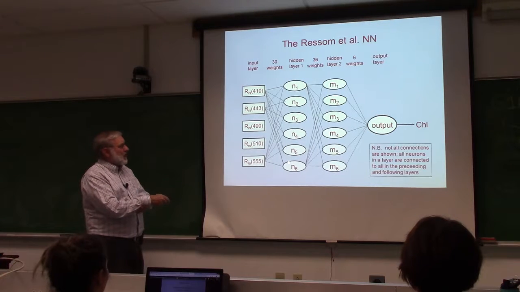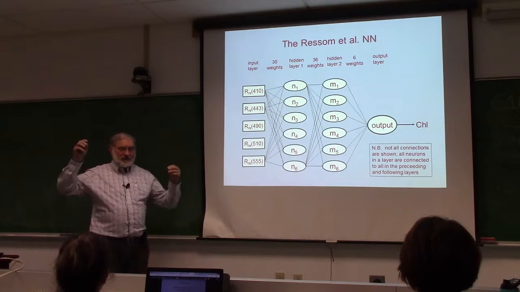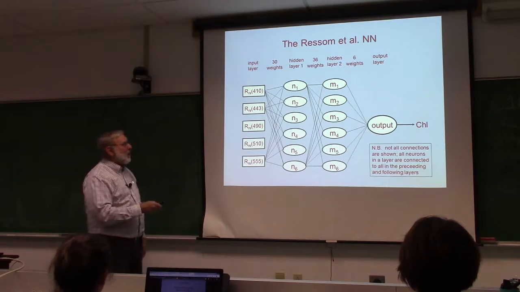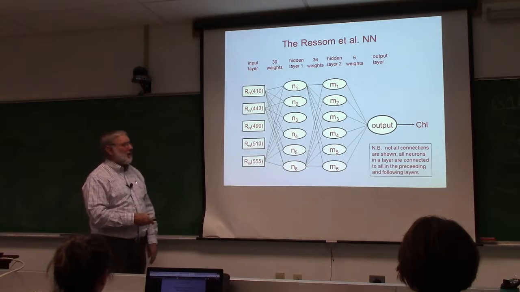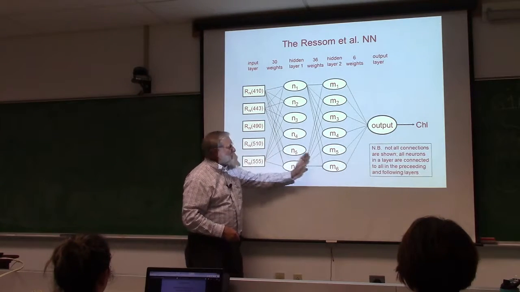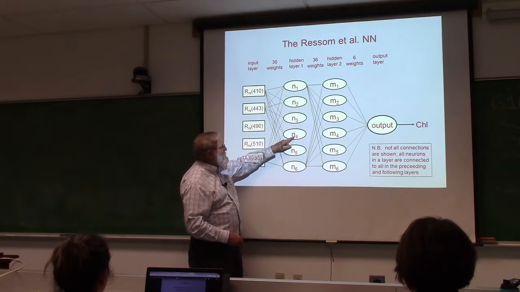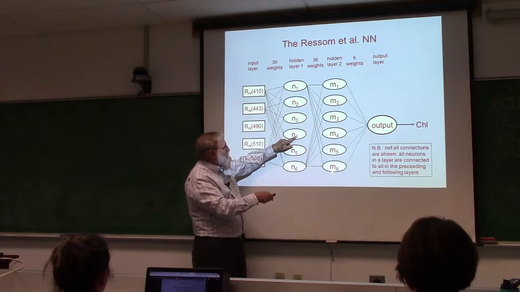In this case, they used 2 hidden layers with 6 apiece. Well, where'd they get that? They just kind of pulled it out of the air. Why not use 1 layer with 12? Well, the reason is that by having 2 layers, there are more opportunities for this guy to connect to each of these guys.